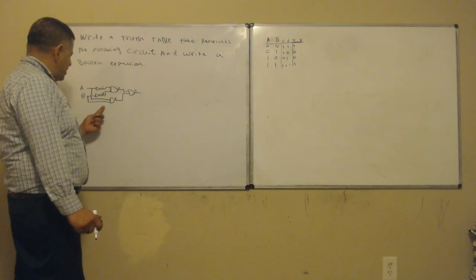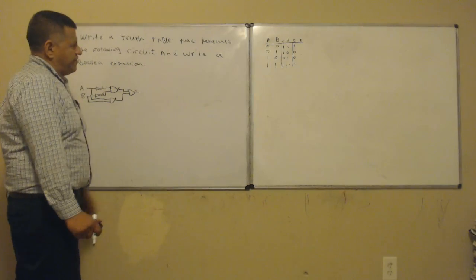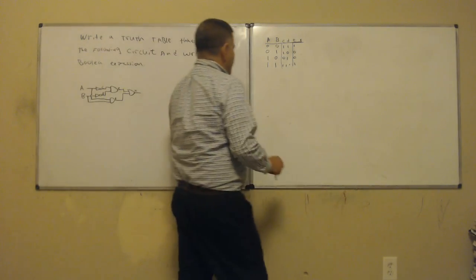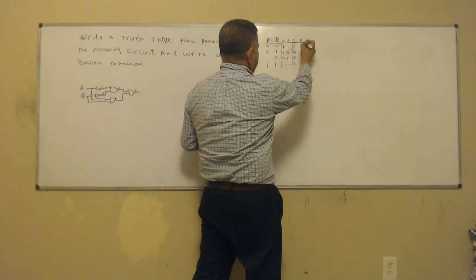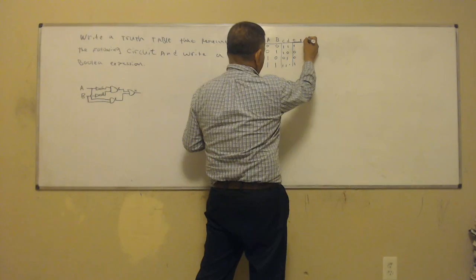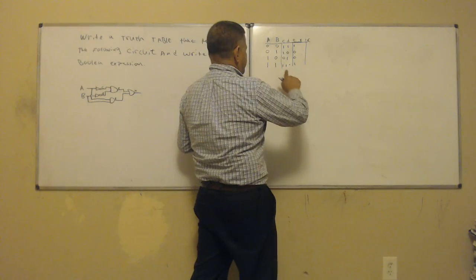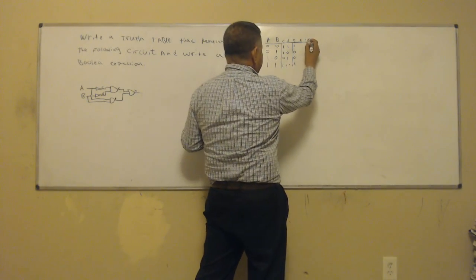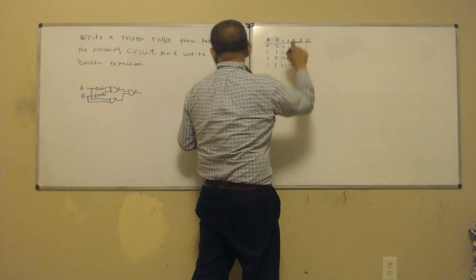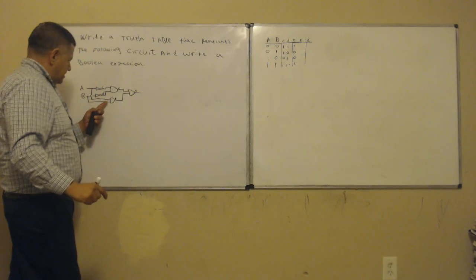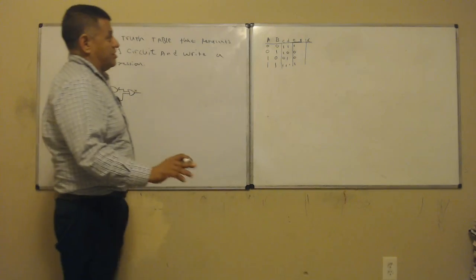What do we have for F? For F, what do we have for F, right? And remember, when I have a column, this last column is going to be the output. But at the moment, I am concentrating on A and B, which are being ANDed, straightforward.